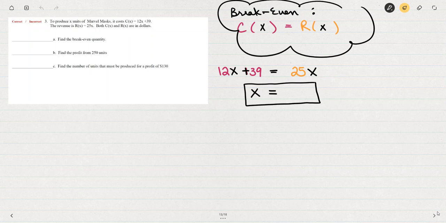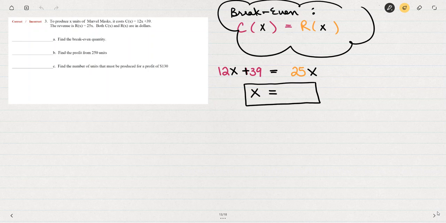Just take a step back and think about this. If you had a small business of your own, you're making some gadget, then at what point would you break even, cover all of your costs? You're going to cover all of your costs once you bring in enough money, so that's your revenue, once your revenue equals your cost, right?